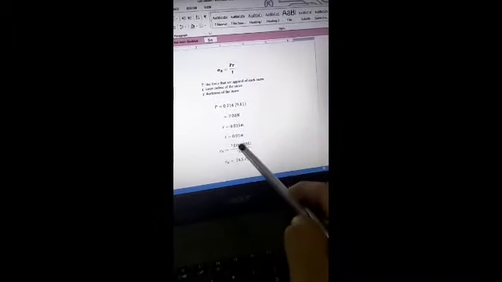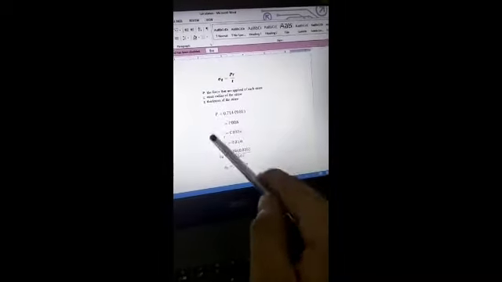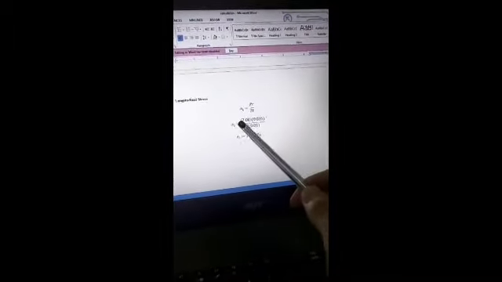So we insert all this data to the formula, so we get 24.5 pascal. Then for the longitudinal stress, this is the formula. Then we just insert all this to the formula, then we get 12.25 pascal. That's all. Thank you.